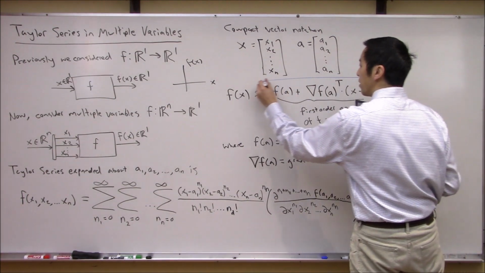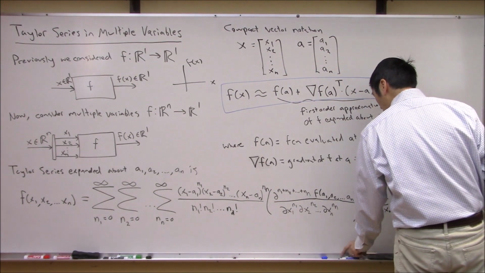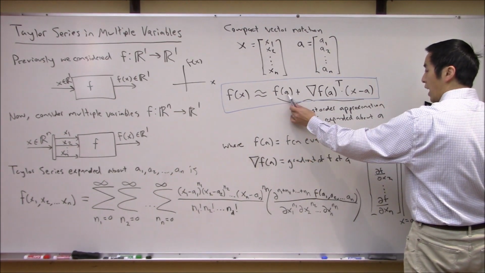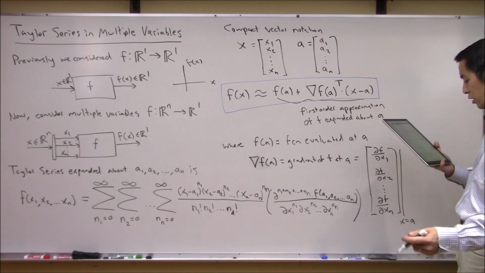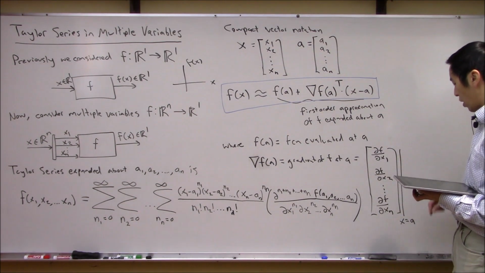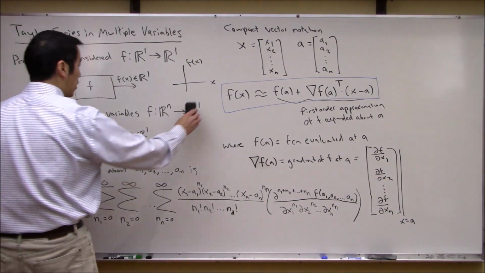It's pretty easy to write down. All you need to do to compute this function is evaluate the function at the expansion point and then calculate a gradient, which is just a bunch of partial derivatives. Now, what's also great about this, like we said, is that it's the first order approximation of the function.